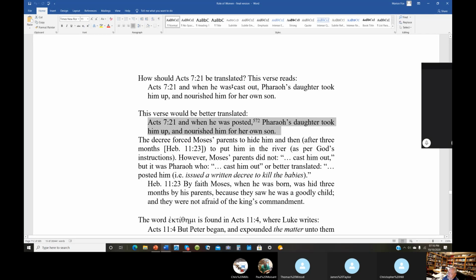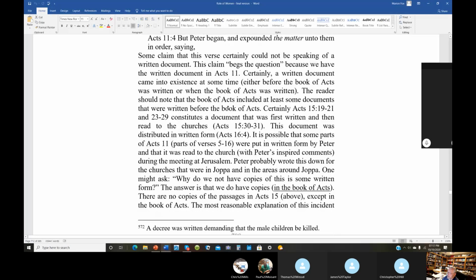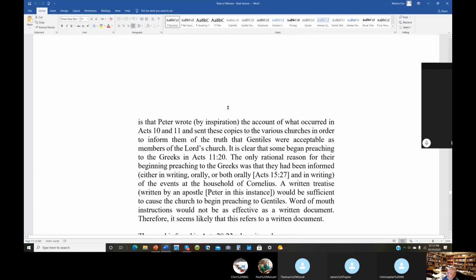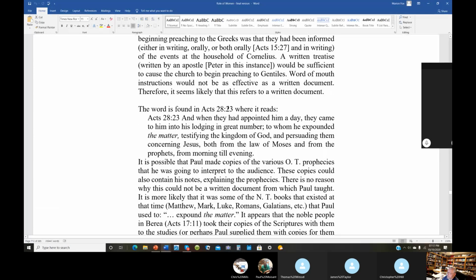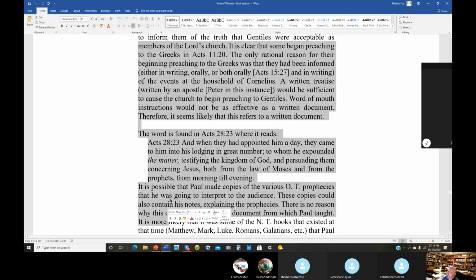Pharaoh sent out a public notice to kill all the Jewish babies, the children of Israel's sons or boys. And that was a public notice, and I argue for this throughout here. I think what Aquila and Priscilla gave Apollos was a copy of the scriptures. Now I make arguments down here further to establish that point.